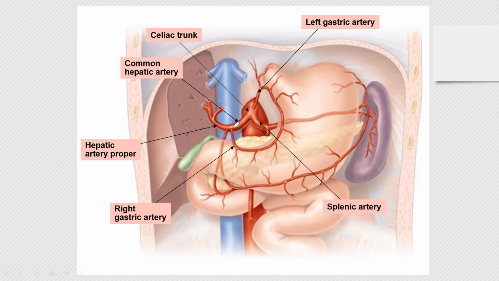And then common hepatic becomes the hepatic artery proper. Okay, so on this diagram we need to know celiac trunk. We need to know 3 branches: left gastric, splenic, and common hepatic, and hepatic artery proper, and right gastric artery.